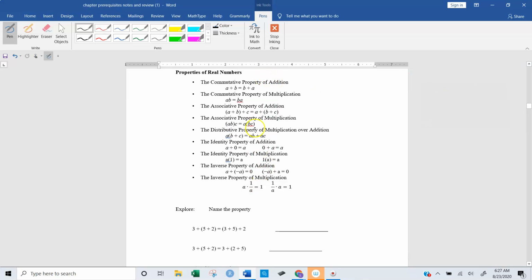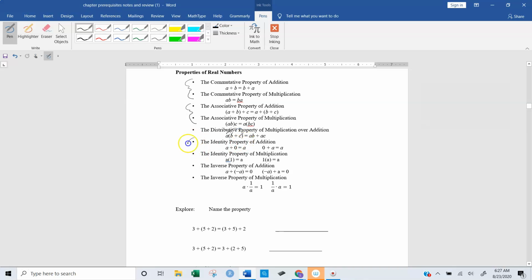Okay, your properties. Commutative means it just can flip the order. That works in addition and multiplication. So this one does order. Associative is grouping. So I can add the first two or add the last two and get the same answer, and it works in multiplication. Distributive is when you multiply through the parenthesis to every term on the inside of the parenthesis.